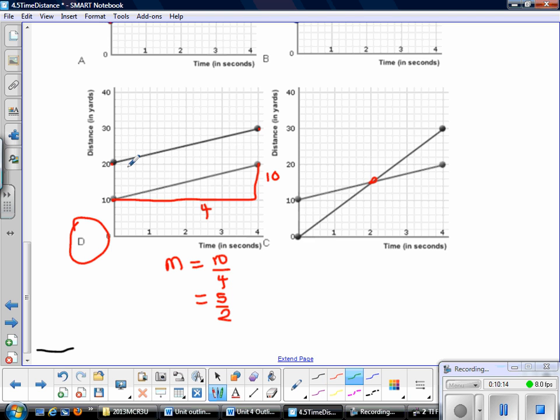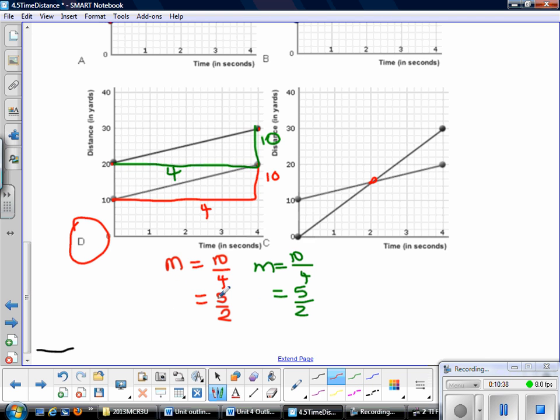Now let's try this other one. Okay, it's going from 20 to 30, so it's going up 10, and it's going over 4. Oh no, guess what? The slopes are the same, 10 over 4. Okay, so they are going the same speed. They're starting at different spots.